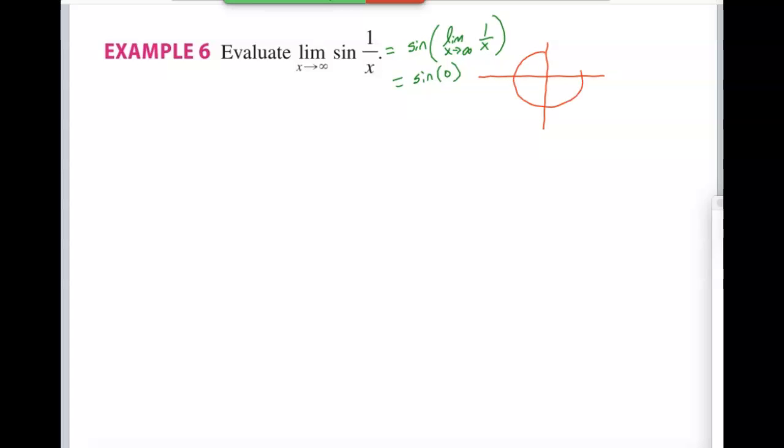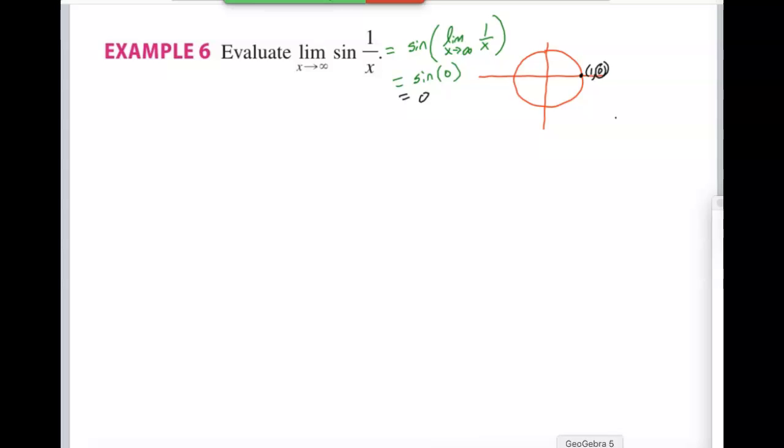The sine of 0, if you don't remember, we've got our unit circle. Angle 0 is right here. That's the point (1, 0). Sine is the y-coordinate, so sine of 0 is 0. Good. So this is an example of one of these dampening functions.